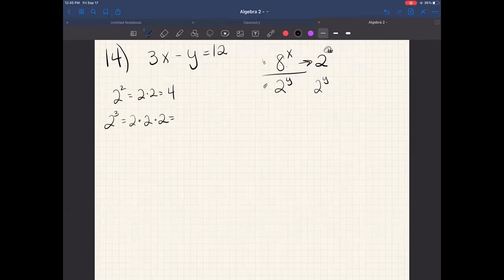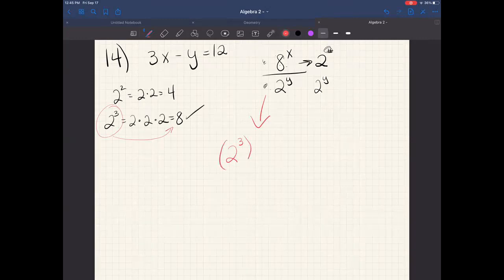So 2 times 2 is 4, times 2, 8. Done. That's what I'm looking for. Now I can rewrite this as 2 to the third, because 2 to the third equals 8.